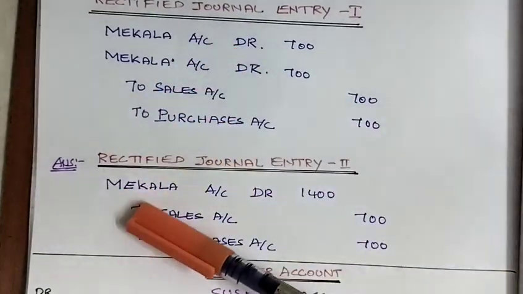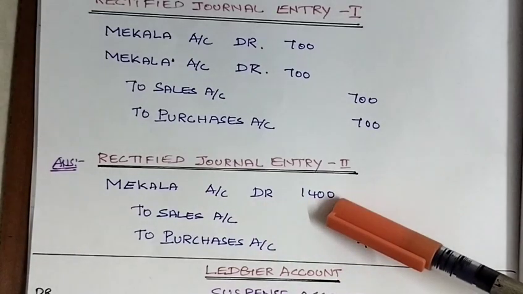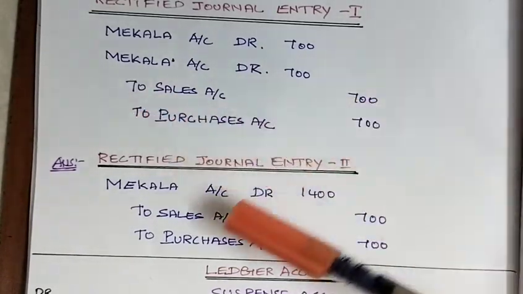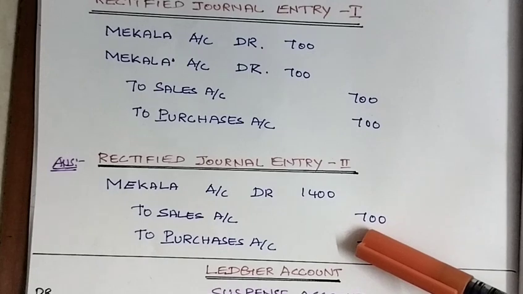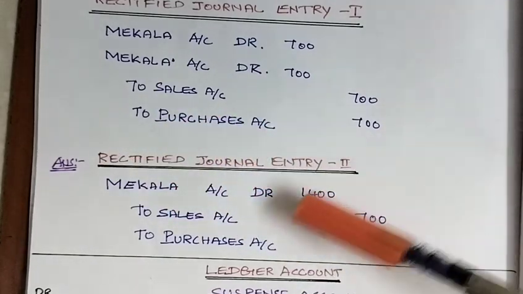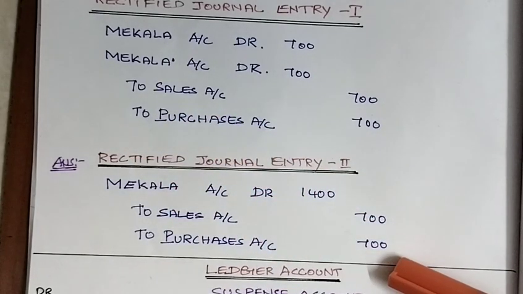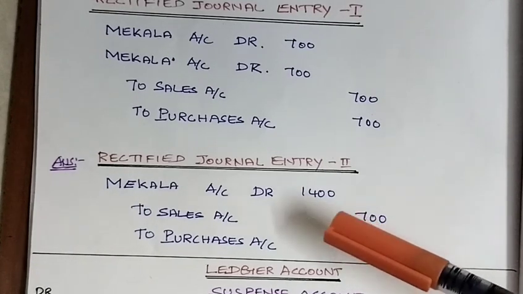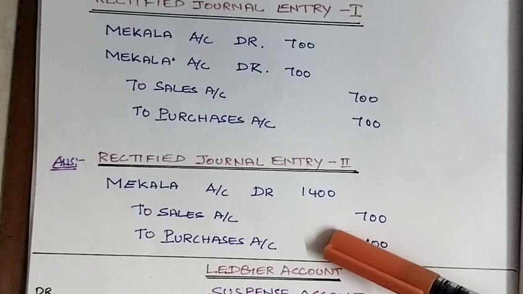So Meghala account debit 1400 rupees, to sales account 700 rupees, and to purchases account 700 rupees entered here. Okay, this is the actual rectified journal entry.